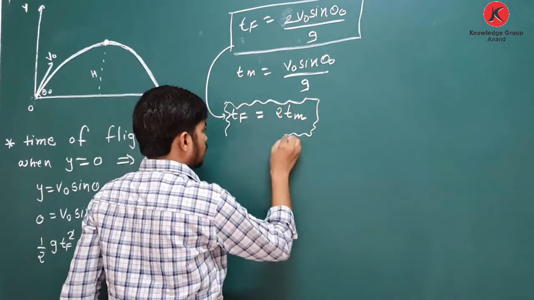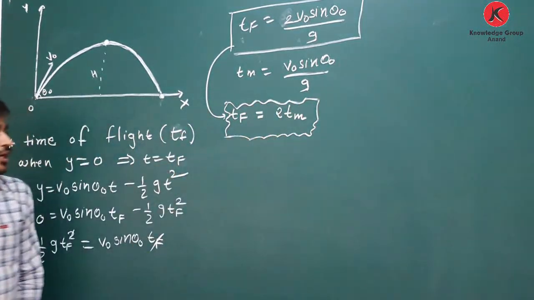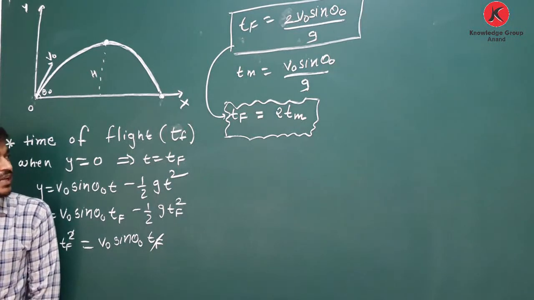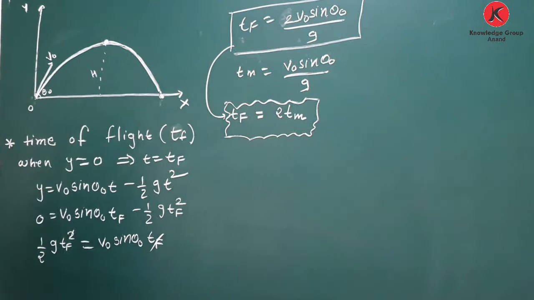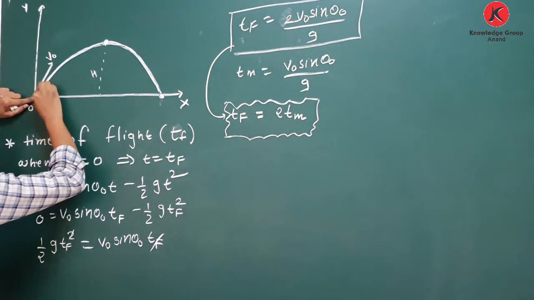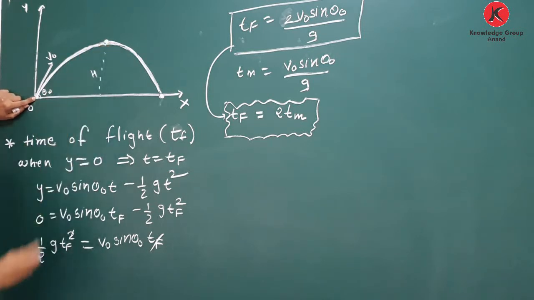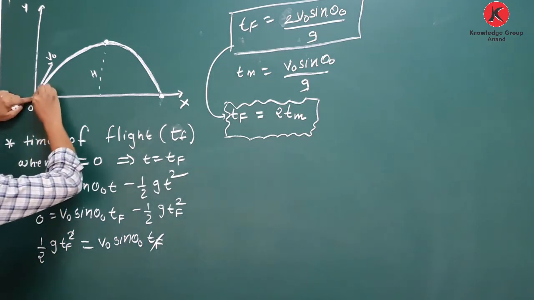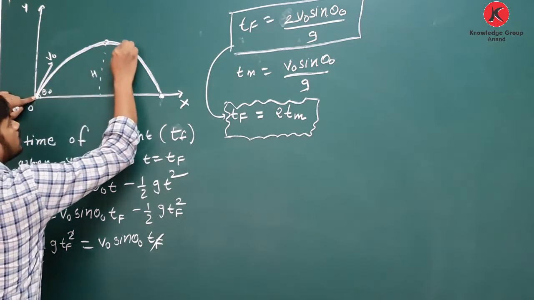So what is the meaning of this equation? Tf is equal to 2Tm. Now what is Tm? Tm is the time to reach maximum height. From this point to this point, whatever time it takes is called time to reach maximum height. Clear? What is Tf? Time of flight, from this point to this point.